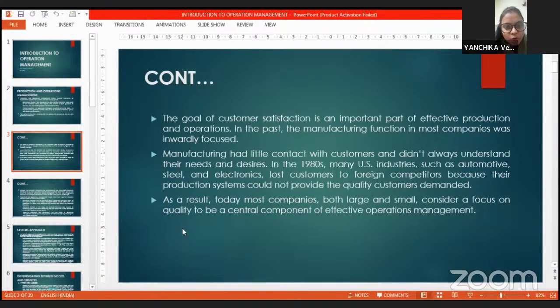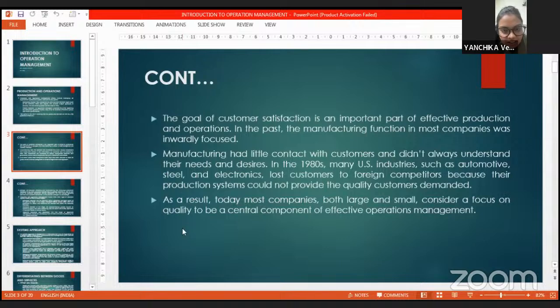The goal of customer satisfaction is an important part of effective production and operation. In the past, the manufacturing function in most companies was inwardly focused. Manufacturing had little contact with customers and did not always understand their needs and desires.